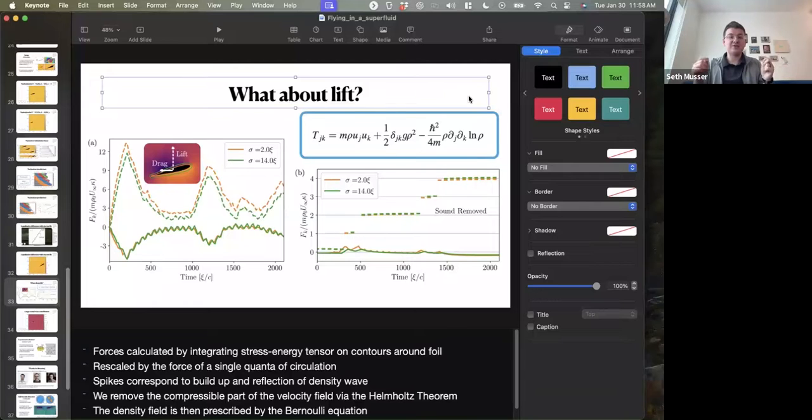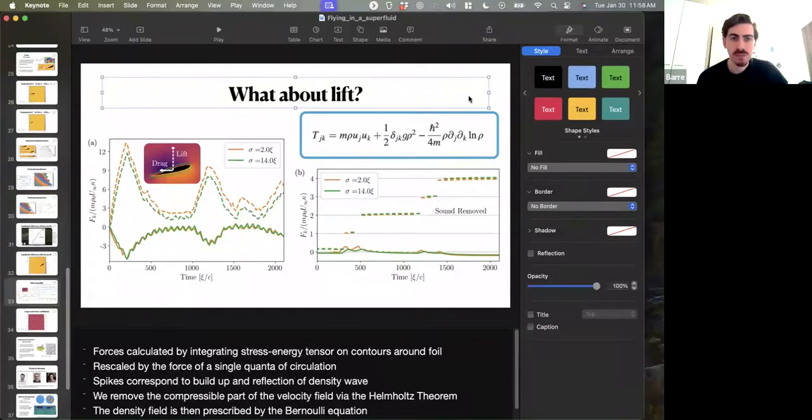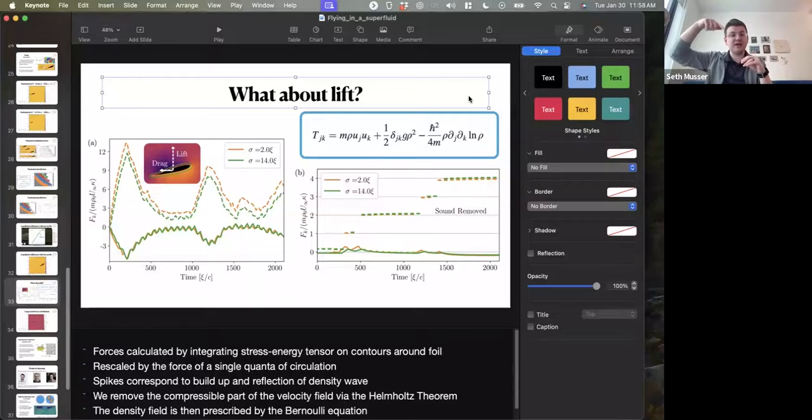So velocity is actually increased near the tail. What we tried initially was narrow channel simulations. And we found that because of the ground effect, this increased the velocity around the foil, and it meant that we almost always were in the quantum stall regime because we were increasing the velocity near the top. So in order to avoid that, we chose this larger domain.